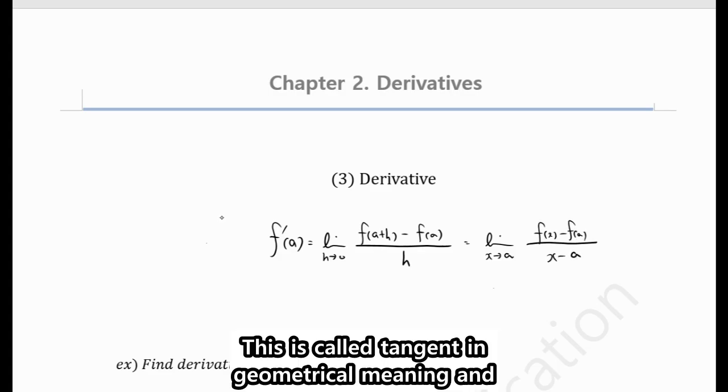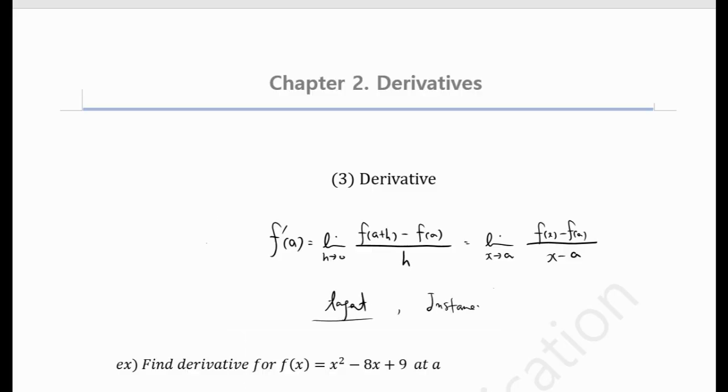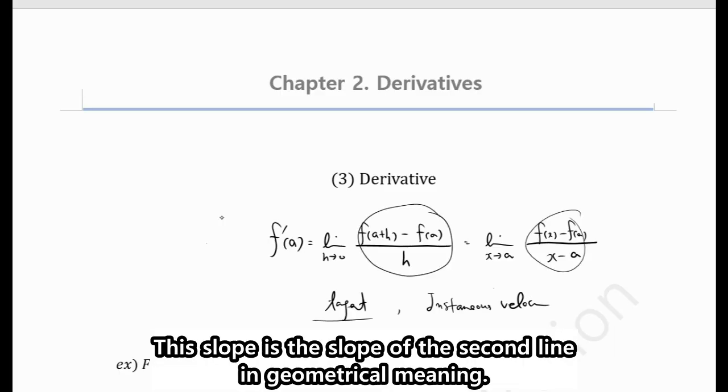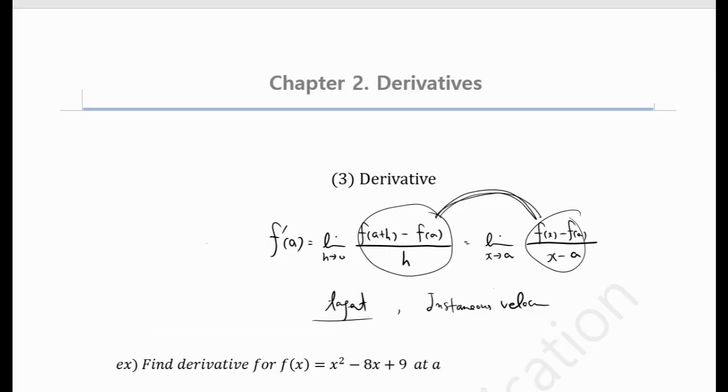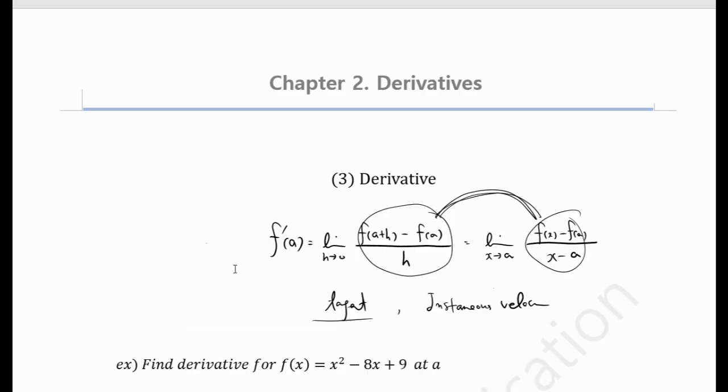This is called the tangent in geometrical meaning, and in physical meaning it's the instantaneous velocity. This slope is the slope of the secant line in geometrical meaning, and this is the average velocity in physical meaning.